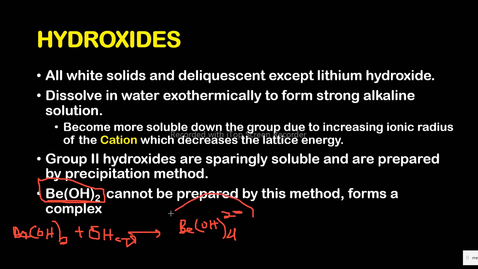Now, this is a complex, yet you are interested in a salt. So it becomes hard for you to get what you wanted. So with beryllium hydroxide, we cannot prepare it using this method. Is that okay?